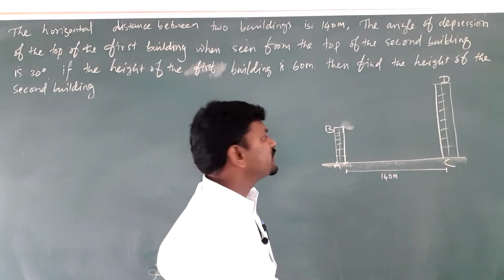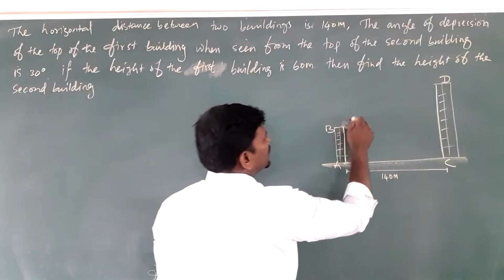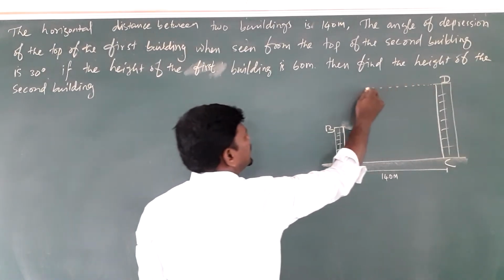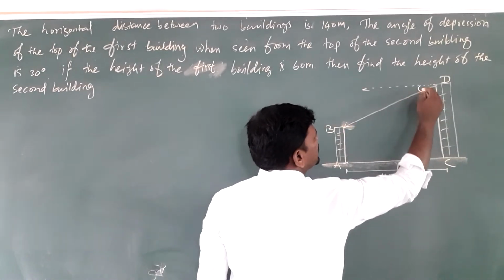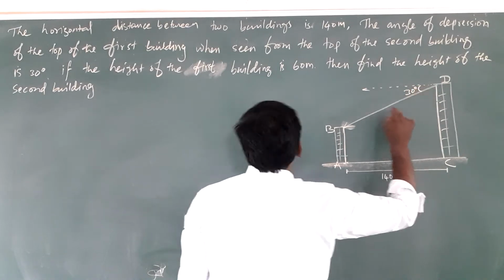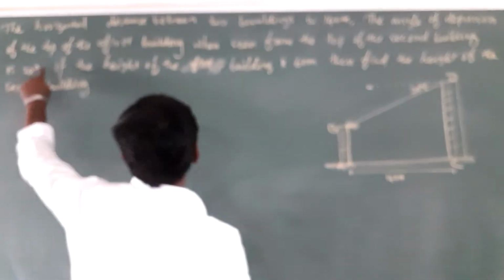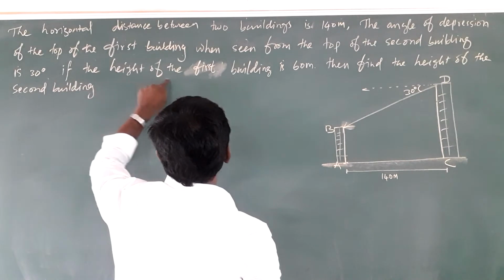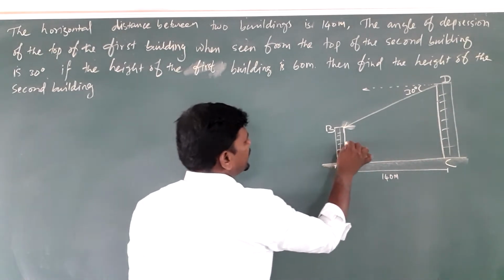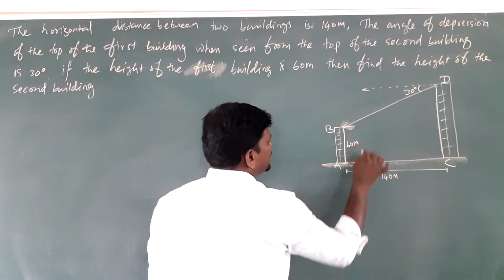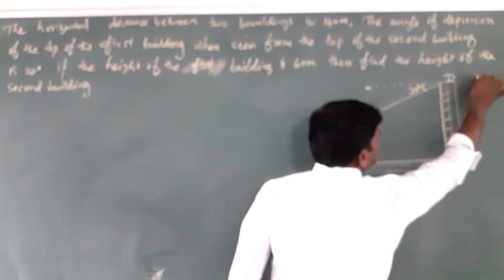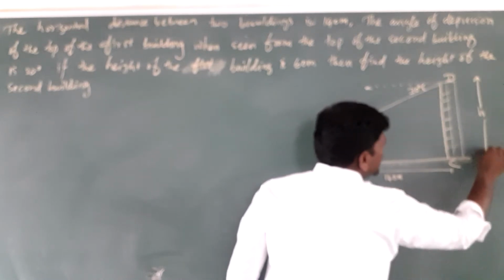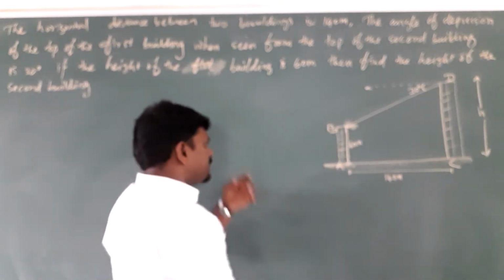That is why the first building is shorter than the second building. Okay, so this is the horizontal line and this is the angle of depression, 30 degrees given in the question. If the height of the first building is 60 meters, then find the height of the second building. This height we have to find, the height of the second building.